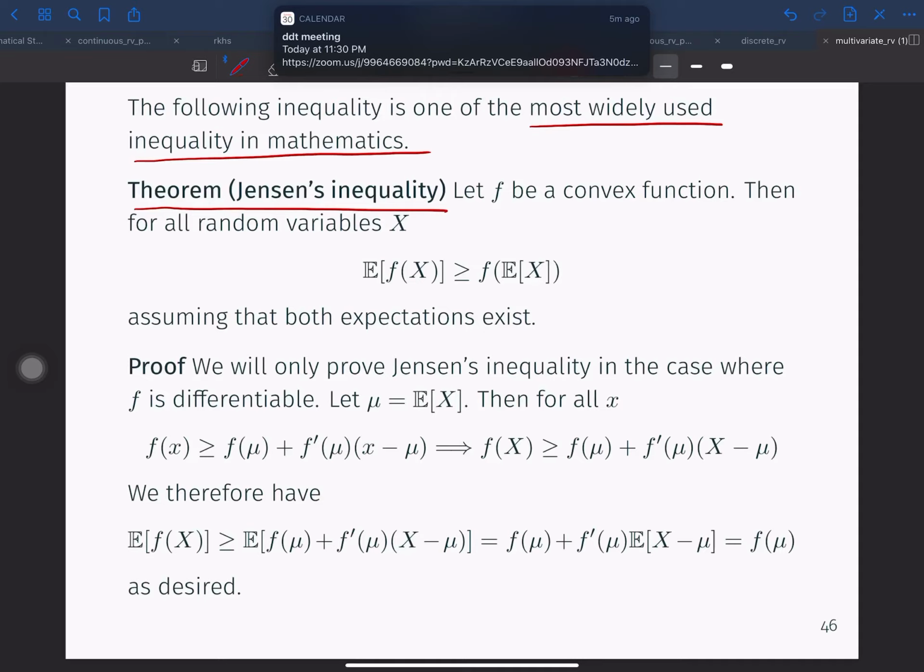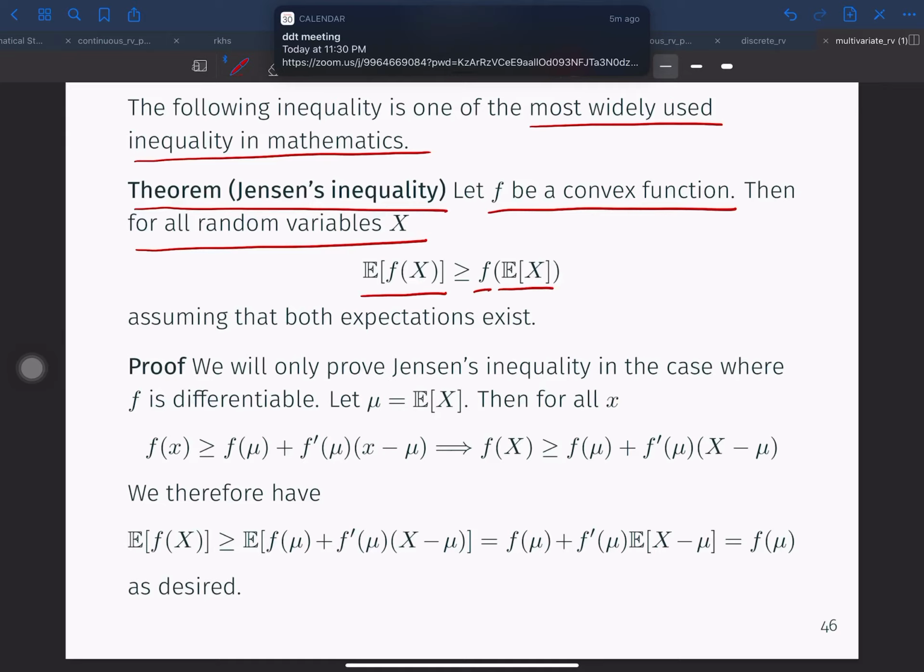So you cannot avoid Jensen's inequality. In summary, suppose you have f, a convex function, then for all random variables x, the expected value of f of x is bigger than the function f evaluated at the expected value.